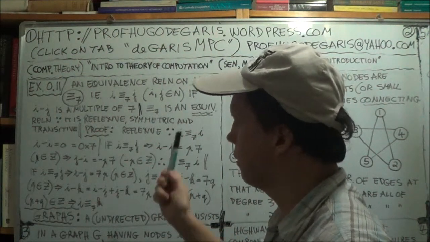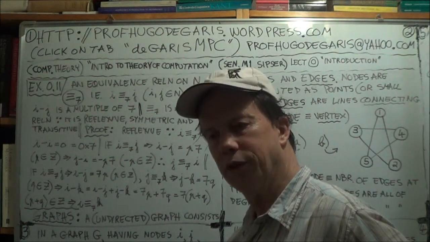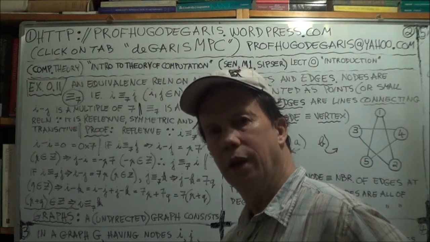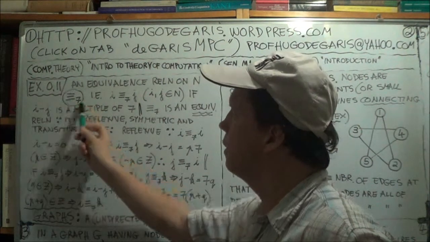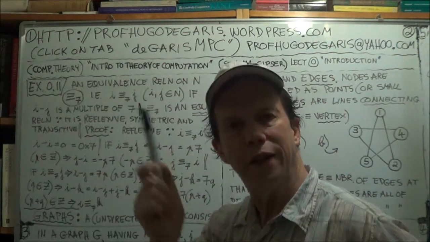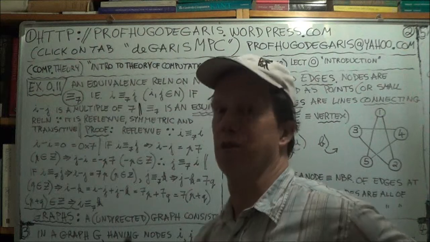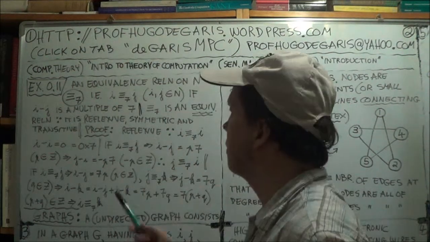So we proved the first of those 3 criteria that we have to show are valid in order to show that this relation, we don't know it's equivalent yet, that this relation is equivalent. We have to test it in 3 ways. Okay, so we've done it for reflexive.